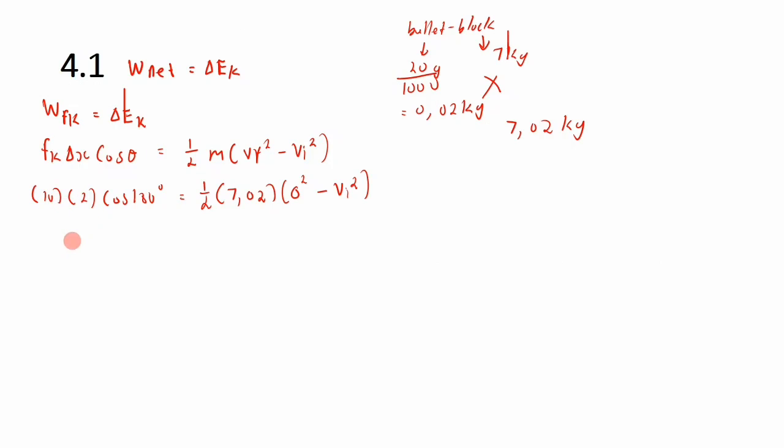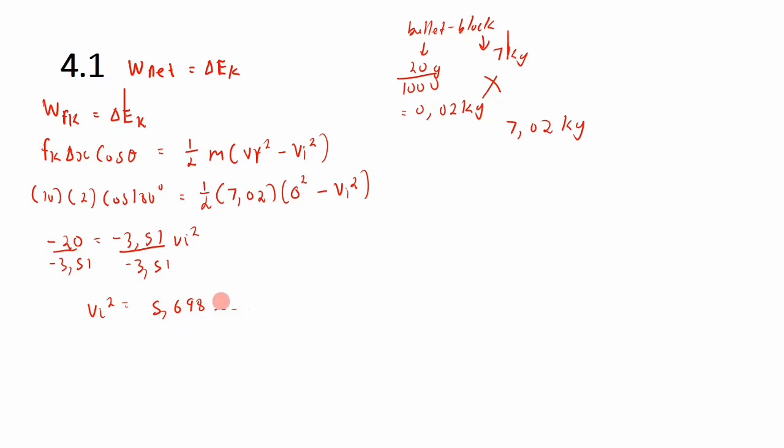Now, punching all this in your calculator, you have negative 20, and then this here will give you negative 3.51, right? And then that's Vi squared. Now here we divide both sides by negative 3.51. Then our Vi squared will give us 5.698 and all those decimals.